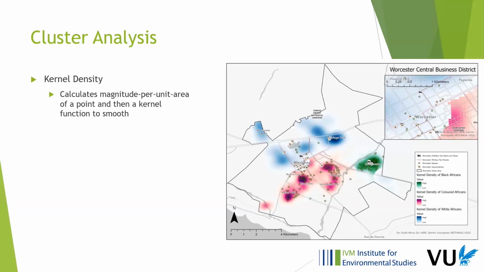And this is all in the city of Worcester, which is a small city north of Cape Town. I thought this was a very interesting map to demonstrate because it really emphasizes visually the segregation that still exists in this community.